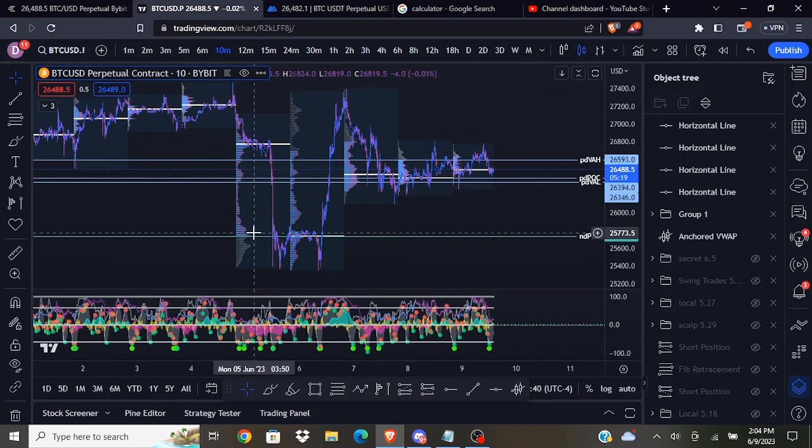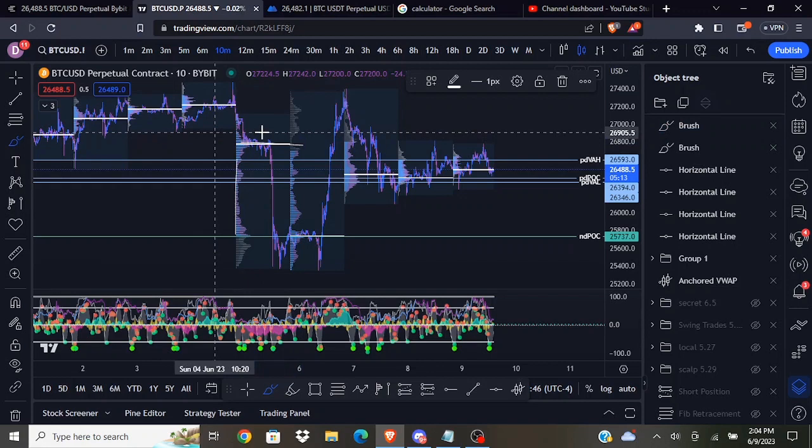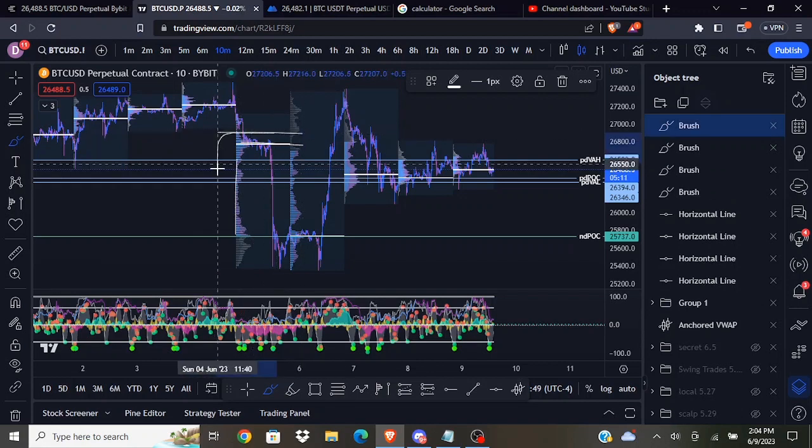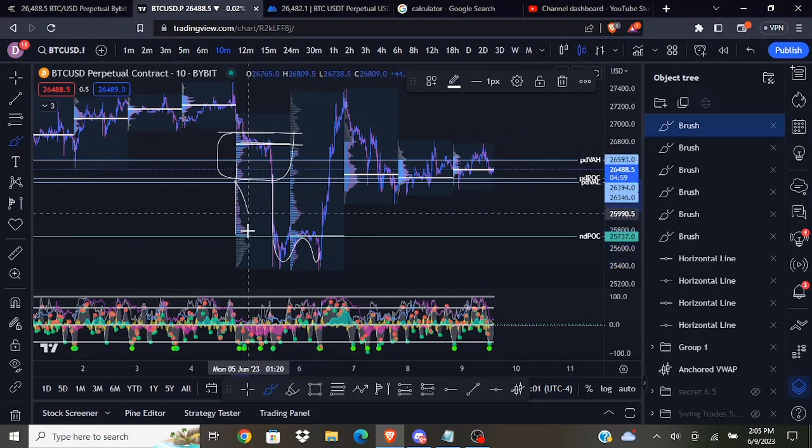And you can see, yeah, the value area did stretch all the way down to here, but the point of control was way up here. The value area high was up here. I would say the main part of the value area was in the upper section, and price was well away from that. We had come way below the previous day value area, kind of excluding this part of it.